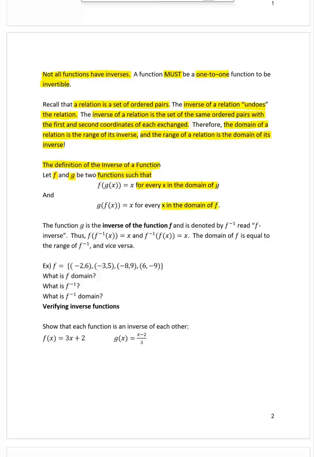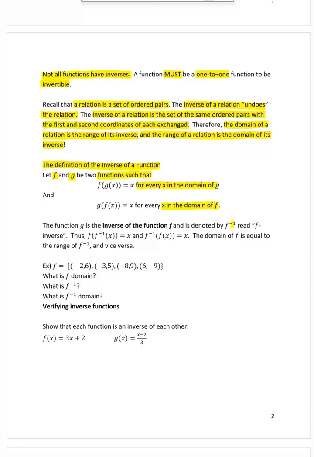So if f composed with g equals x and g composed with f equals x, then they're inverses of each other. The function g is the inverse of the function f, and it can be denoted by f with a little -1 up here.